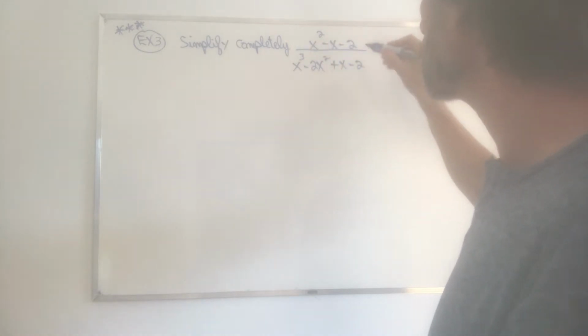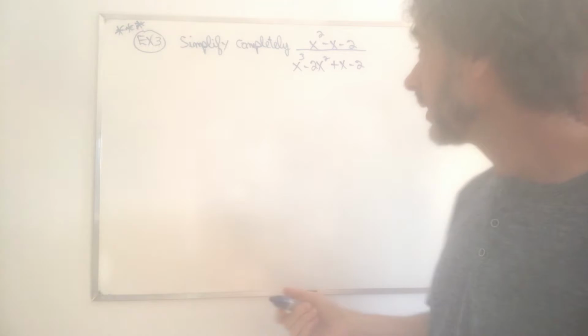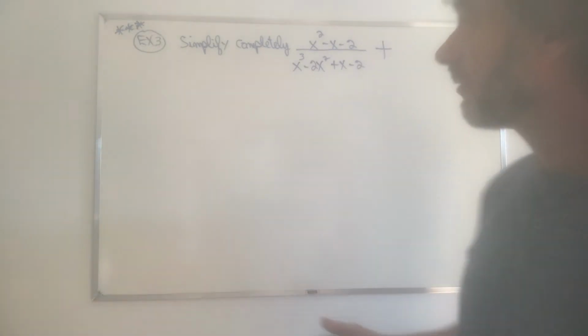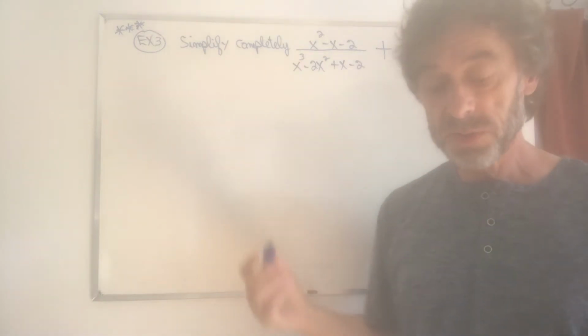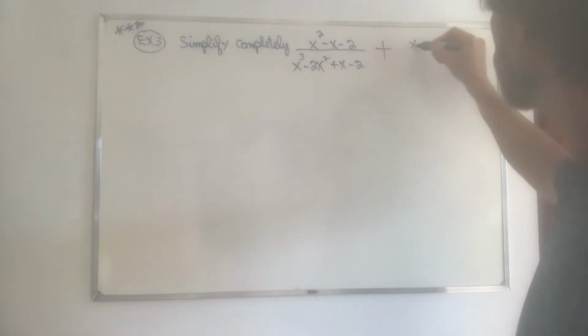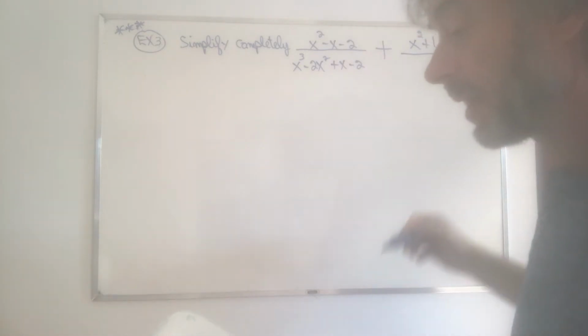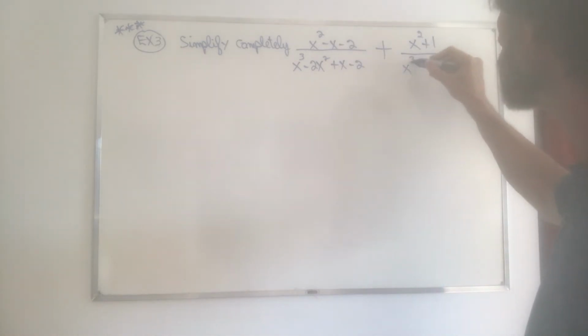So 4 terms in the bottom, 3 in the top. And then here's the difference between example 2 and example 3. This is a sum. Plus x squared plus 1 over x cubed plus x.